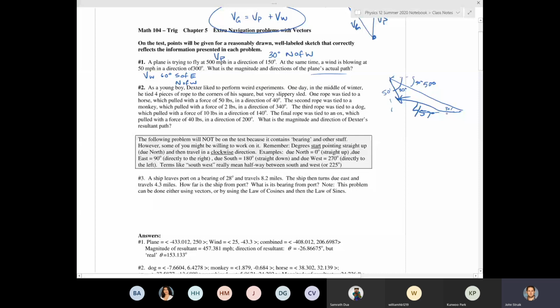And then I would need to find this angle right here and then subtract it from 30 to get this angle right here. So that's just sine law. I'm not going to do that. Does that answer the question? Does that make sense? I guess lesson learned, you should probably read the entire question before you start answering it.